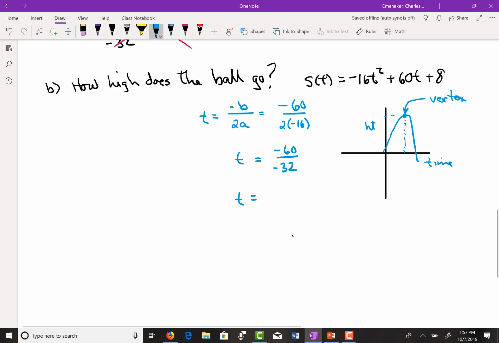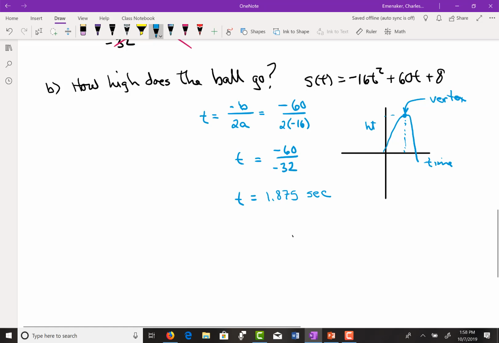Does it make sense it would be positive? Okay. And if we take that and do 60 divided by 32, it's going to be 1.875. 1.875 what? Elephants? Feet? Seconds. It's time, so we're going to measure in seconds.